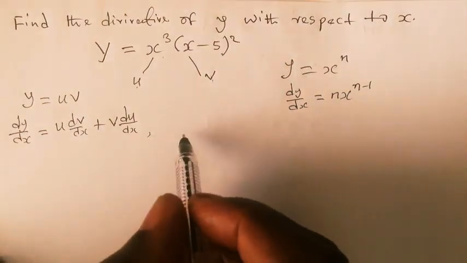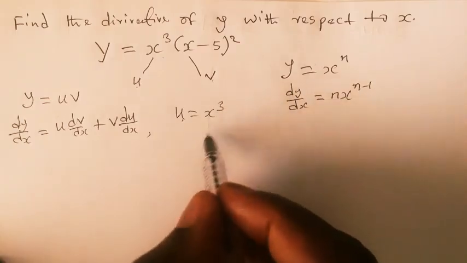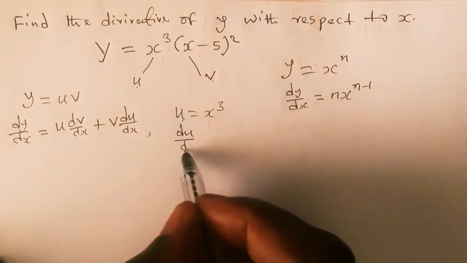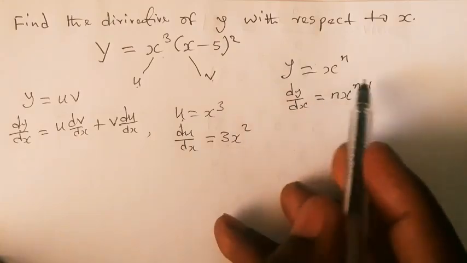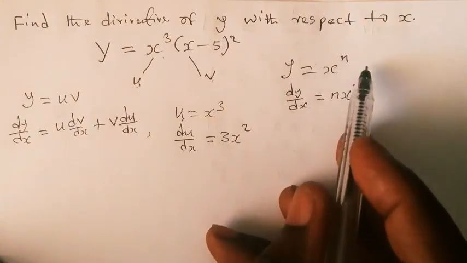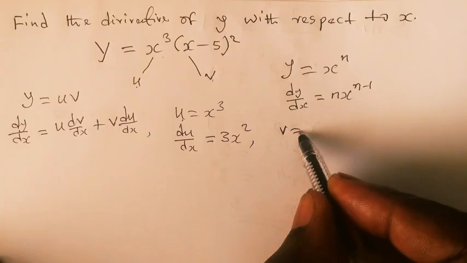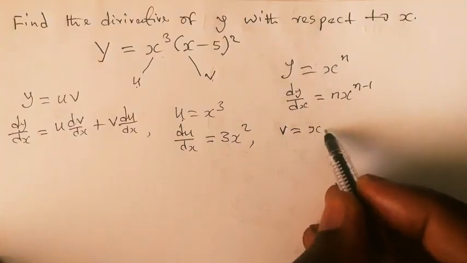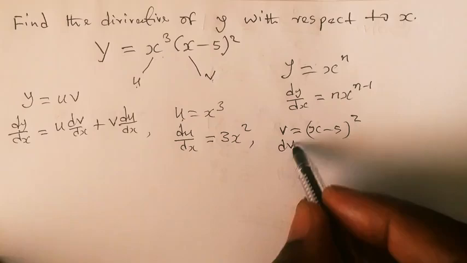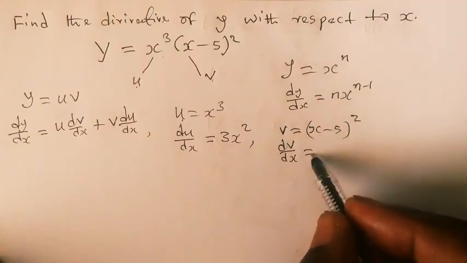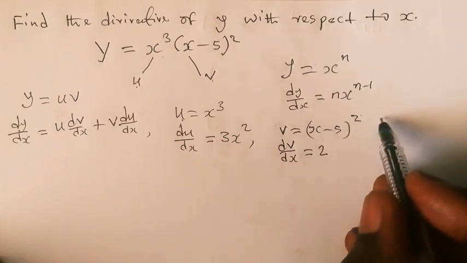Since u is equal to x cubed, du over dx is equivalent to 3x to the power of 2. Using this rule, we brought this down, we reduce it by 1. The same thing for v equal to (x minus 5) squared. dv over dx will be equivalent to, we bring this down, this will be 2, and then we reduce it by 1, it will be 1.